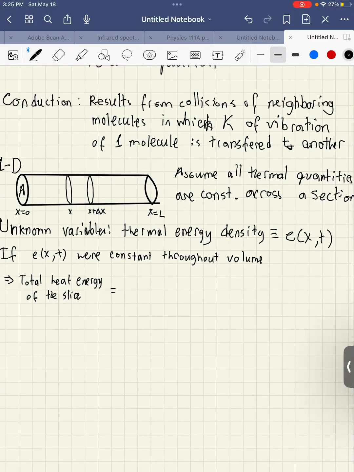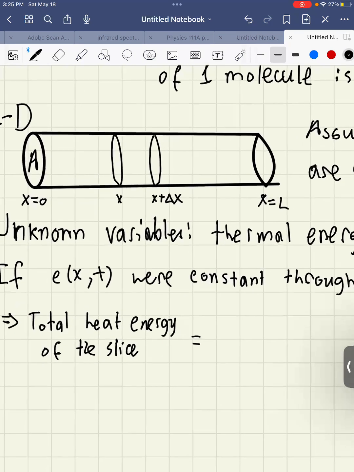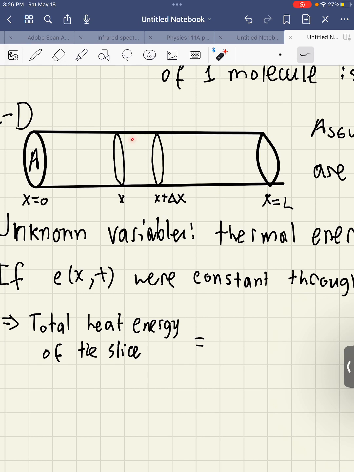Since our thermal energy density is the amount of thermal energy per unit volume, we need to figure out how much heat energy is in this slice. We just multiply the thermal energy density by the volume, and the volume of this thin slice is the length multiplied by its cross-sectional area.